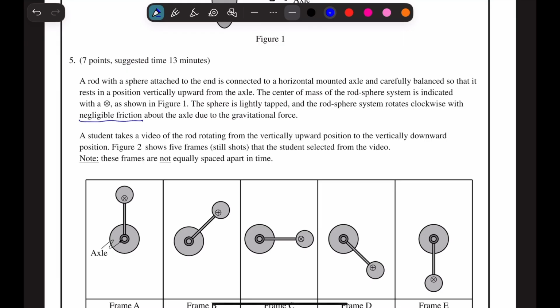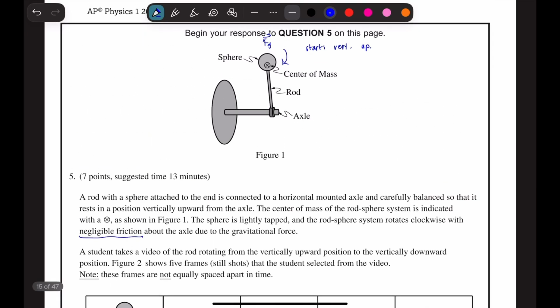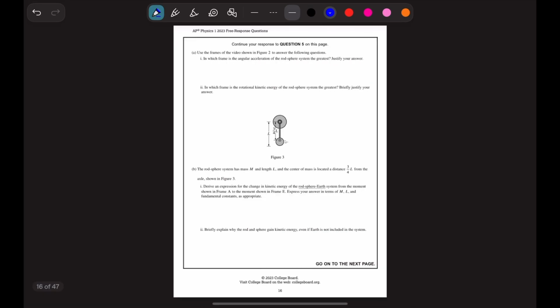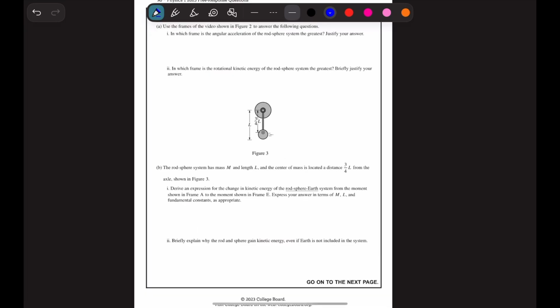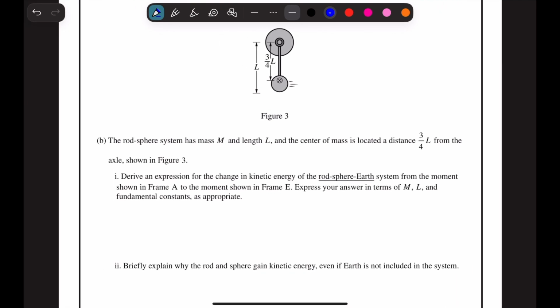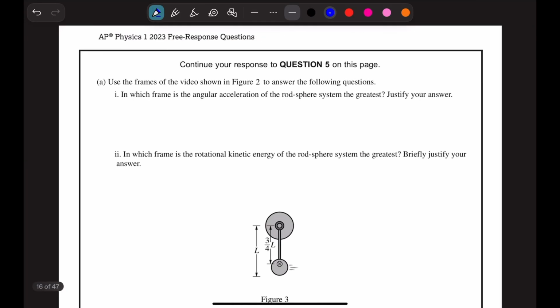From here we can conclude that the center of mass of the rod-sphere system is going to be 3/4 L from this end. And we have the 5 video frames that show the motion to the vertically downward position. So let's start off with part A.